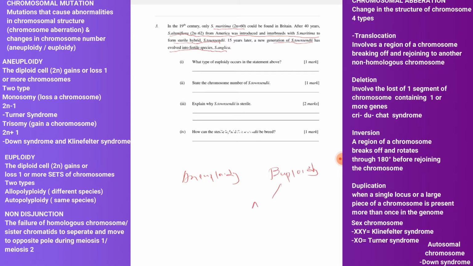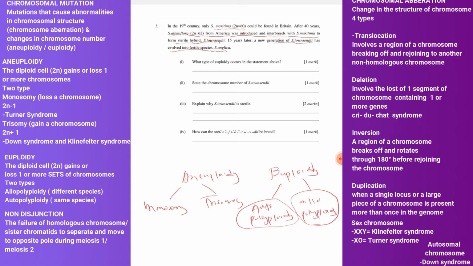Euploidy has two types: autopolyploidy or allopolyploidy. Aneuploidy has two types: monosomy or trisomy. Autopolyploidy involves only the same species. Allopolyploidy involves different species.